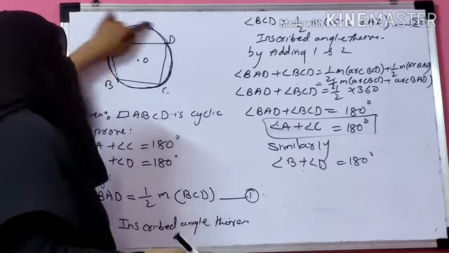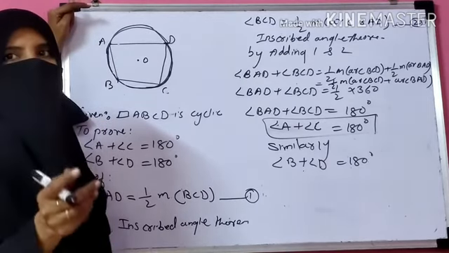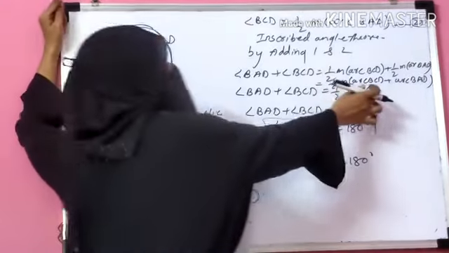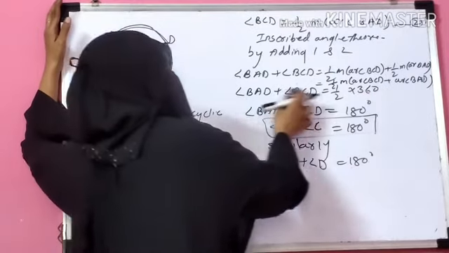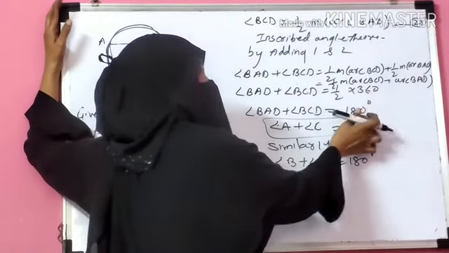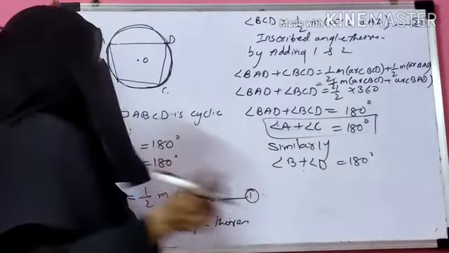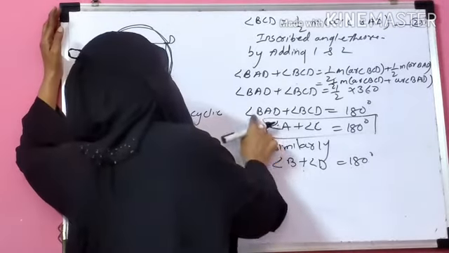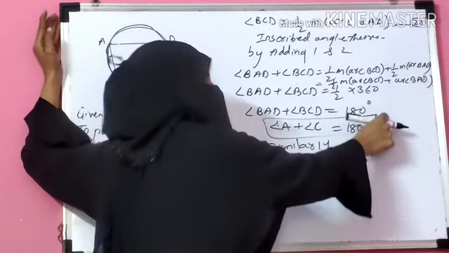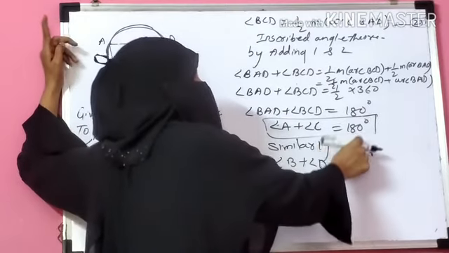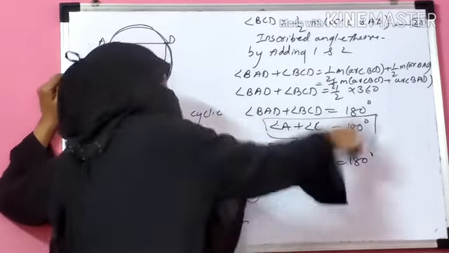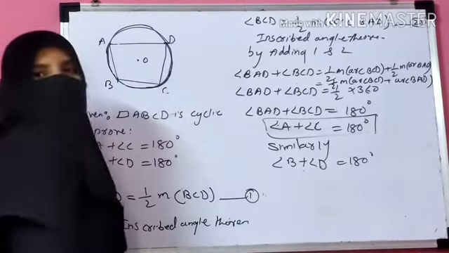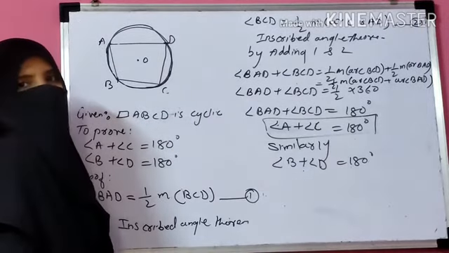Now here BCD and BAD complete the whole circle, and the measure of the whole circle is 360. So BAD plus BCD is half of 360. Half of 360 is 180 degrees. So angle BAD plus BCD is equal to 180. That means angle A plus angle C is equal to 180. In a similar way, you can prove angle B plus angle D is equal to 180.